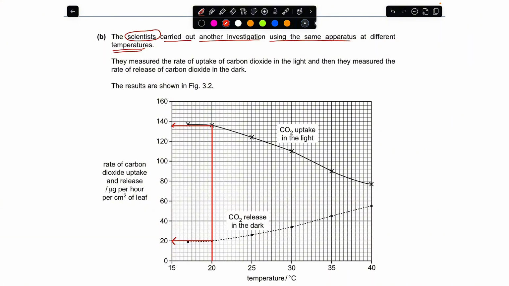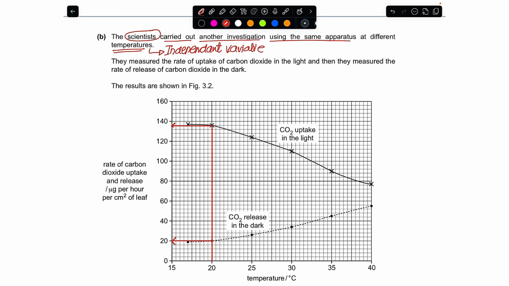He would be calculating the rate of the photosynthesis by looking at how much of the carbon dioxide is getting used up with respect to the time, but here he would start changing the temperature. So that would mean that for this investigation, this temperature change would be acting as our independent variable.